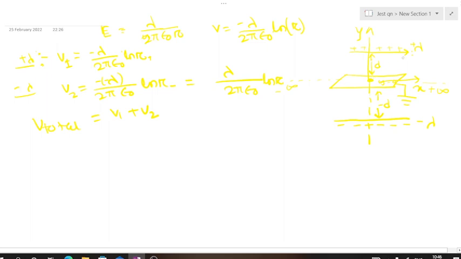We have to find it at a point. So total potential will be lambda by 2 pi epsilon naught, and as we add the ln according to the property of log, ln r minus by r plus.